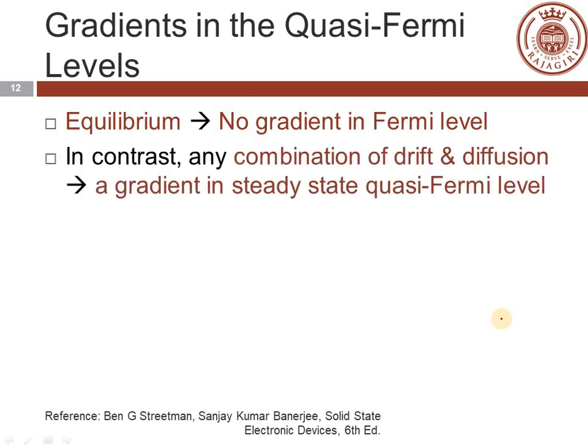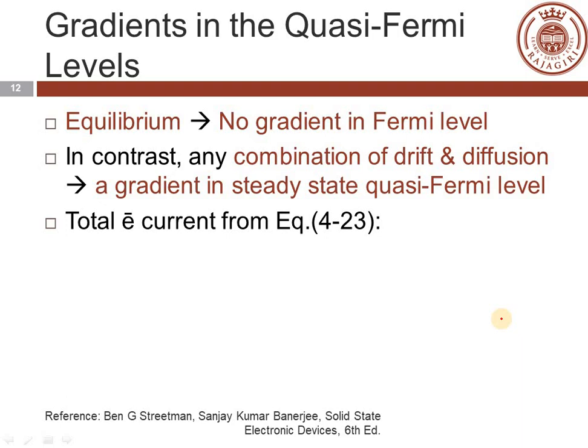Now, if there is any sort of current, that is a drift or diffusion component, we have a net current, and there will be a gradient in the steady state Quasi-Fermi level. Then we won't call it just the equilibrium Fermi level, we will say Quasi-Fermi level. That means our Fermi levels will be varying, changing, and will have gradients.